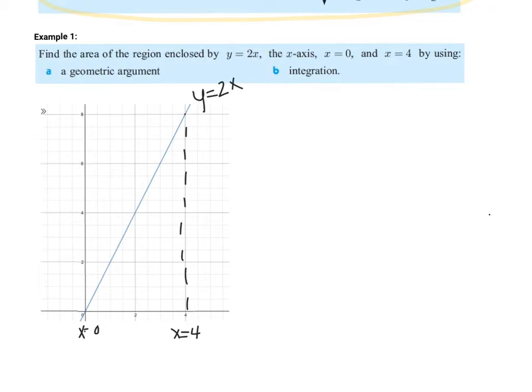So we're looking for the area of the curve within this region. Pretty quickly as we look at that, we can see that it is a right triangle, and it's a right triangle that has a base length of 4, because we're moving from x equals 0 to x equals 4.